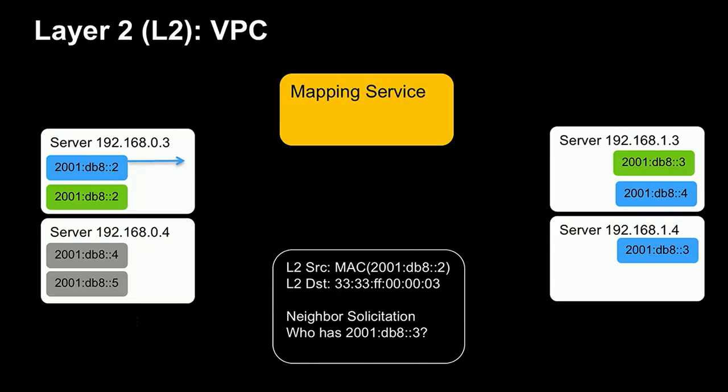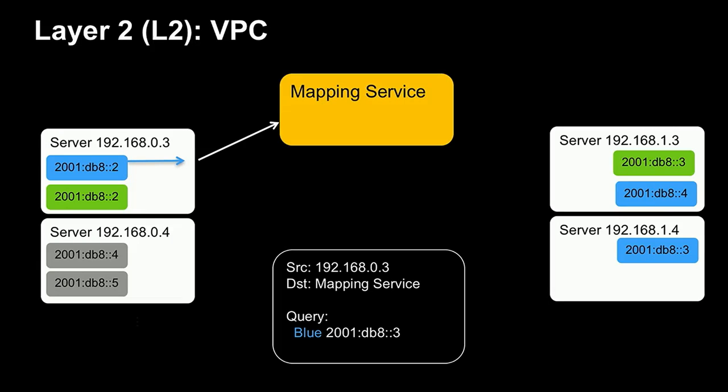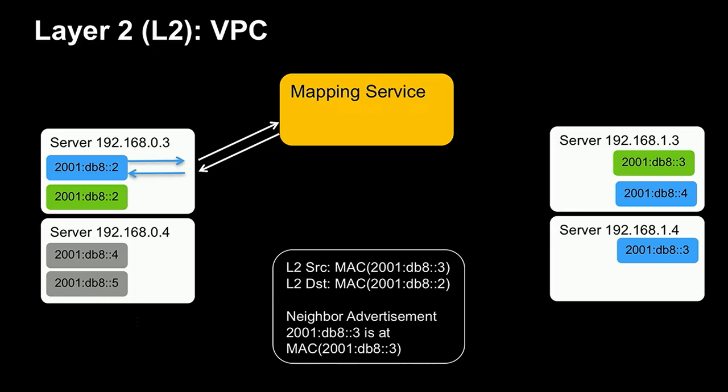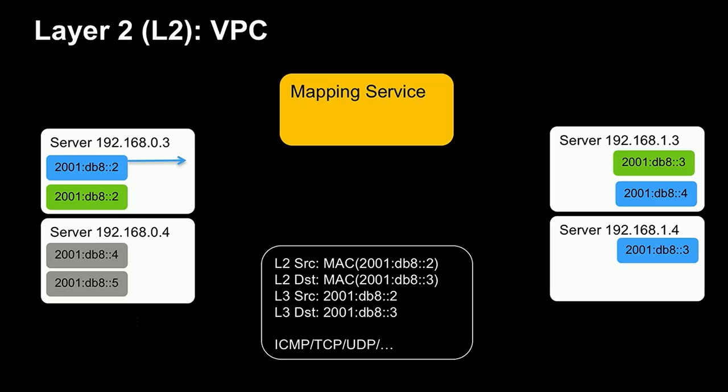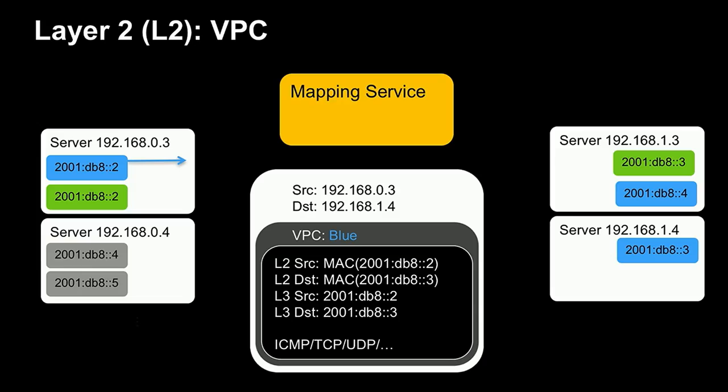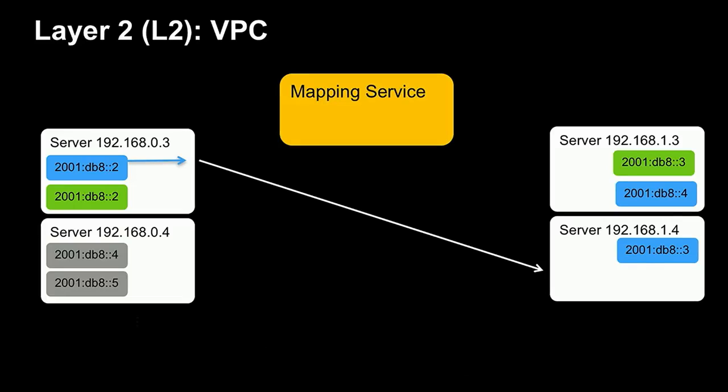That will be intercepted by the hypervisor, which consults the mapping service in the way that we described before. Who is blue, ::3, where are they on the substrate? The mapping service will reply with the substrate IP address and the MAC address of that virtual instance. That's passed back in. The packet is composed, wrapped with a VPC tag, put into an IP packet, and sent across the infrastructure.